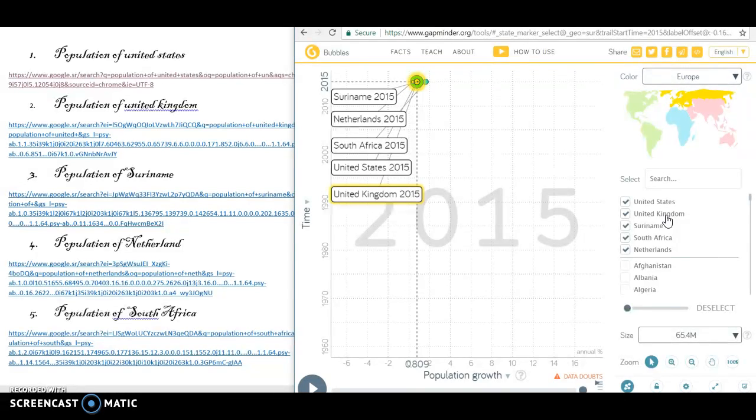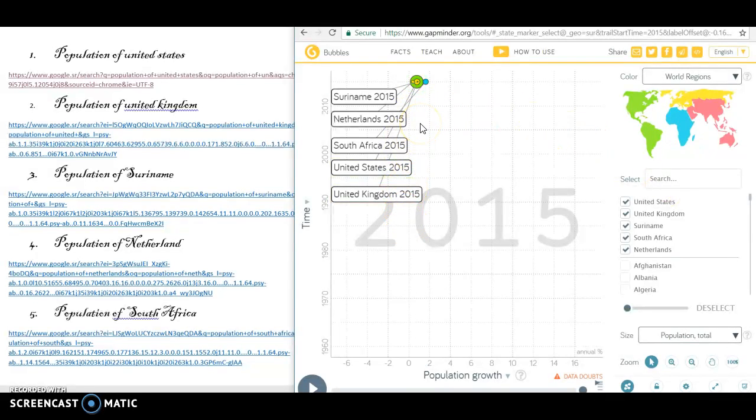They had big companies here, Suralco, and we were a colony of them. We were a colony of the Netherlands. The Africans came here as slaves. So that's why I chose these 5 countries.